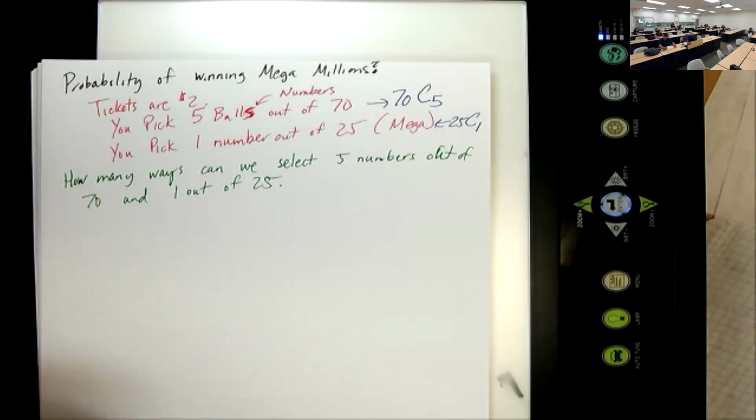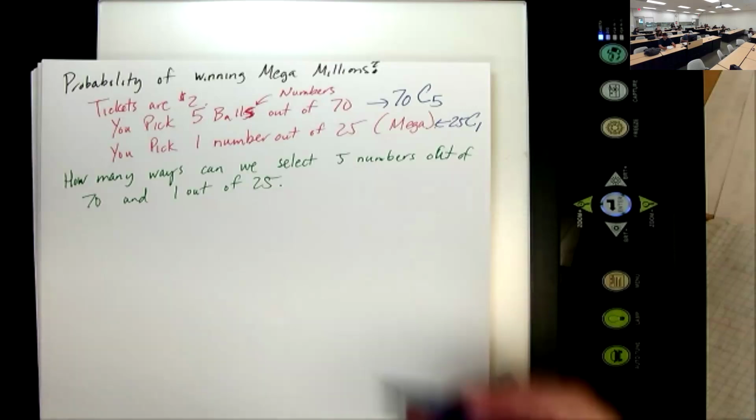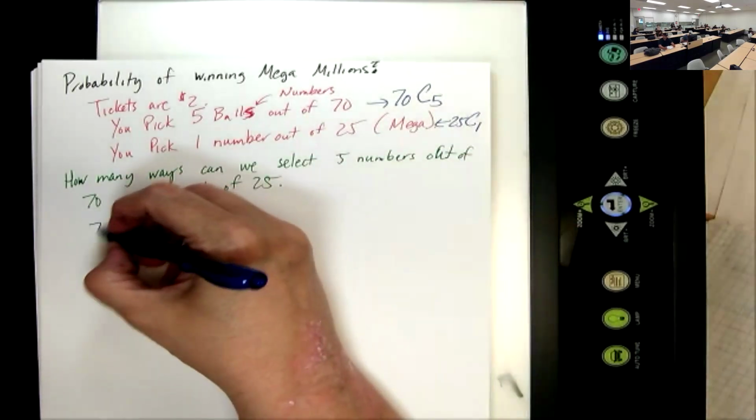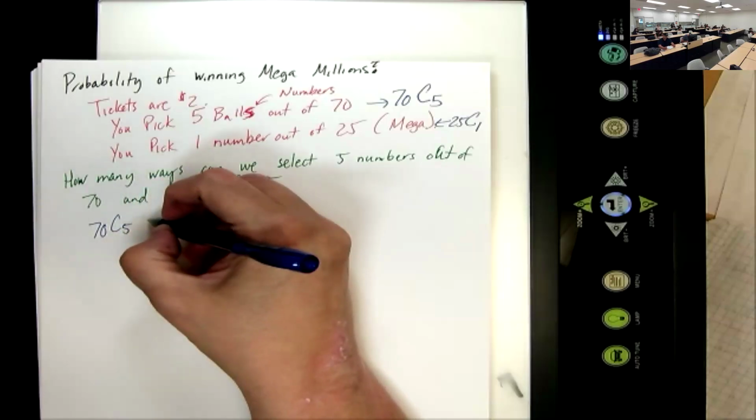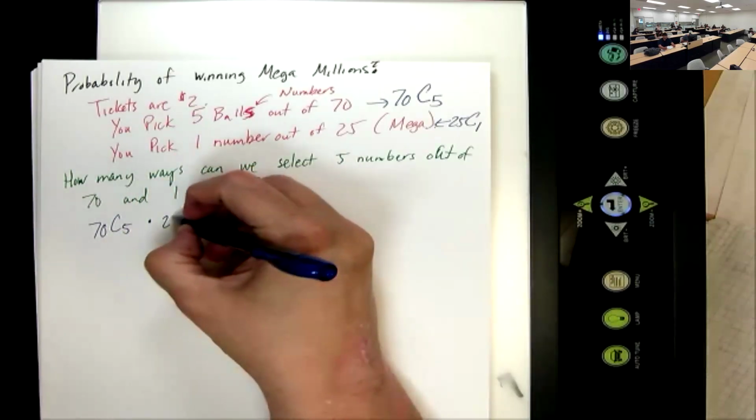And since they're all affecting each other, they're multiplied together. So 70 C 5 times 25 C 1.